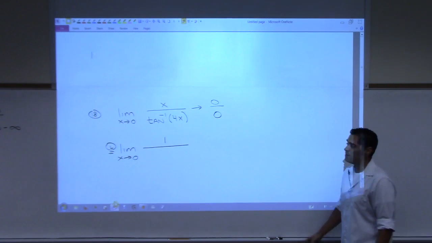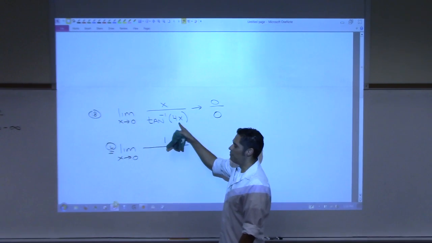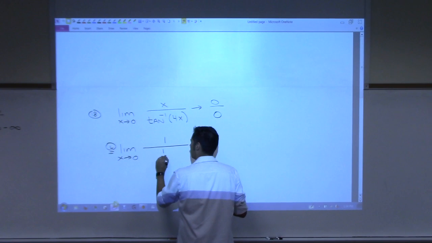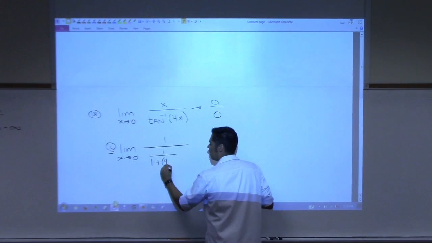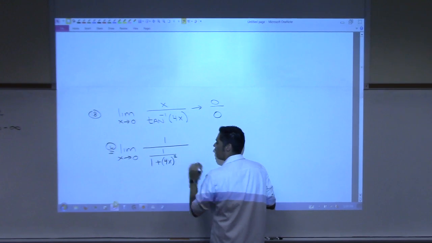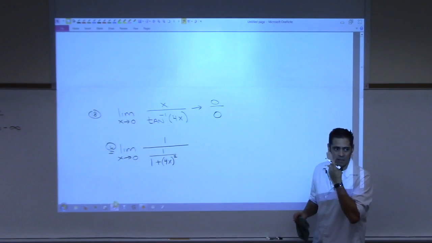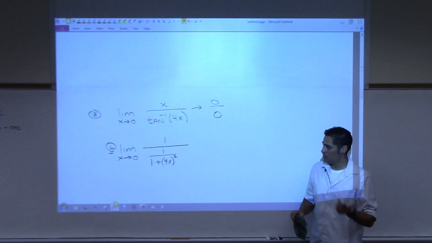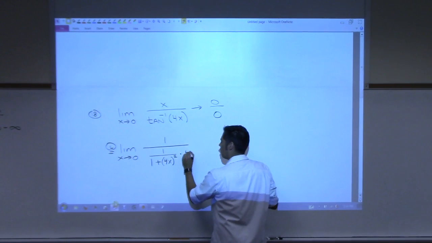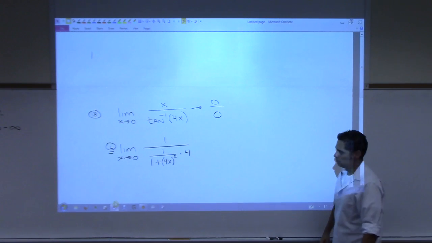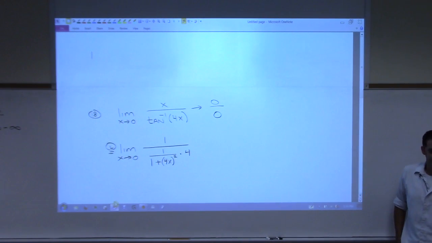Derivative of arctangent of something is 1 over 1 plus that something squared, right? Am I done? Times the derivative of what's in there, which is 4. Agreed?